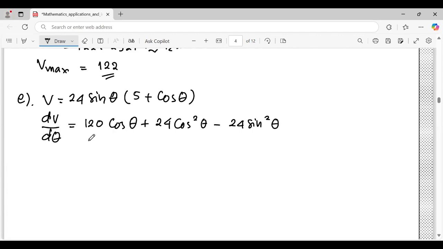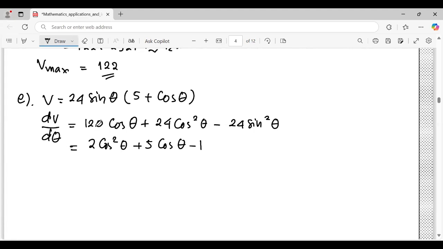And it becomes 2 cosine squared theta plus 5 cosine theta minus 1 equals 0. We derived this derivative in the previous solution.